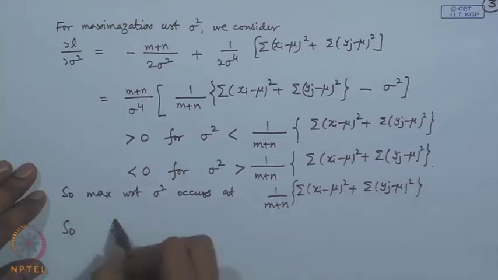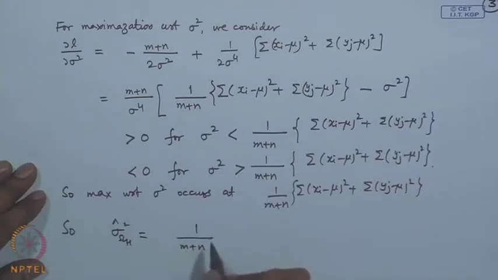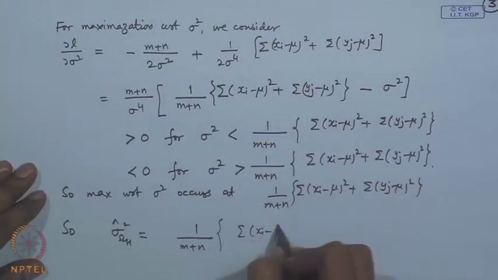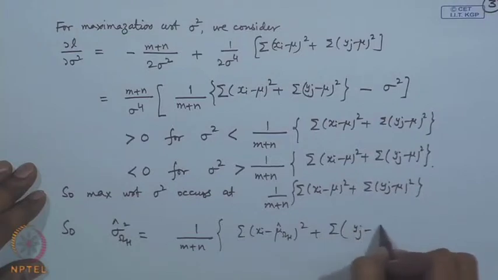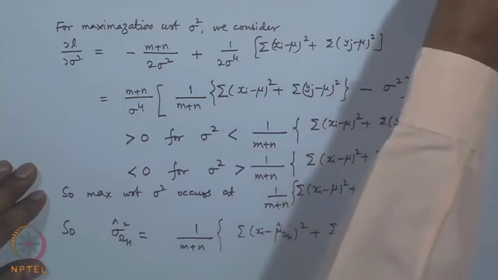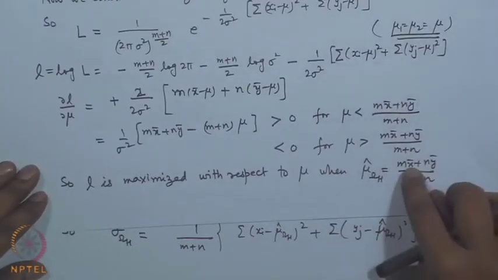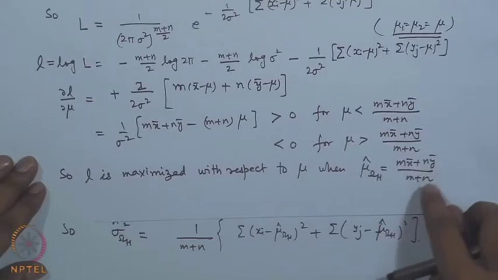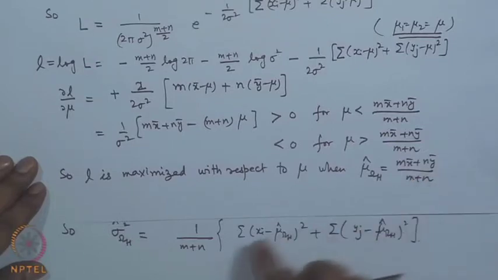So, we can say that sigma omega h hat square is equal to 1 by (m plus n) times (sigma (x_i minus mu hat omega h) square plus sigma (y_j minus mu hat omega h) square). Now, mu hat omega h that we evaluated just now is equal to (m x bar plus n y bar) divided by (m plus n). So, this value we substitute here.